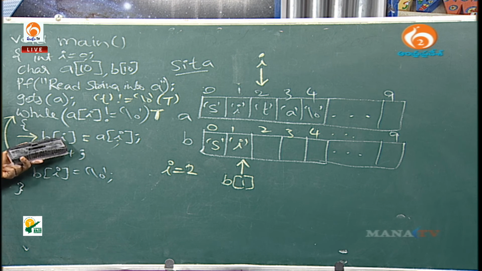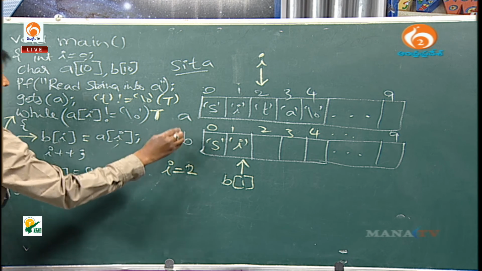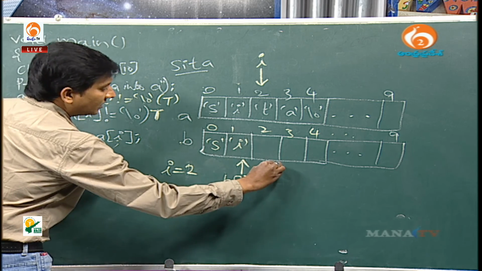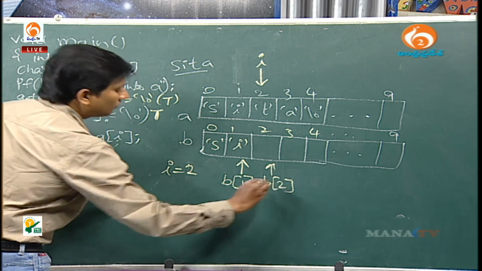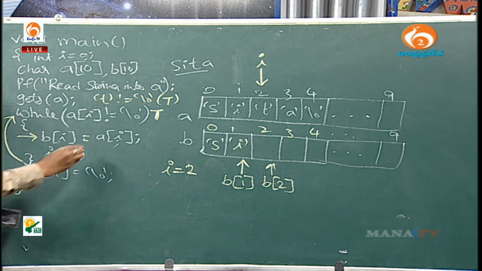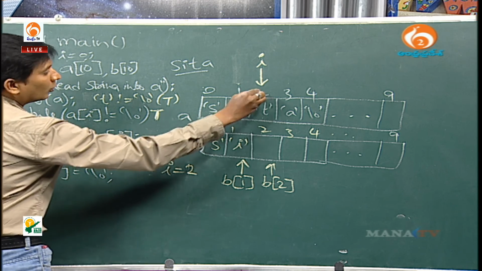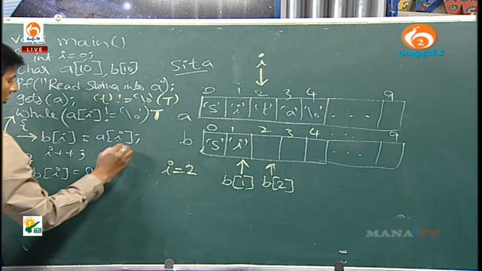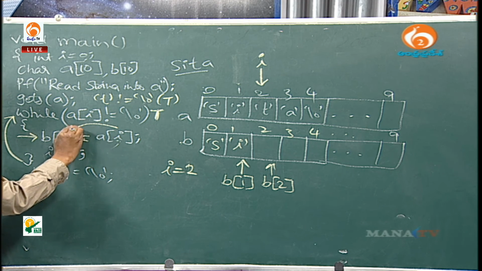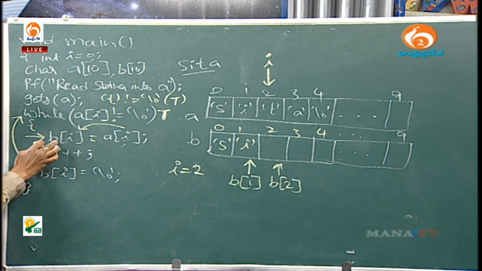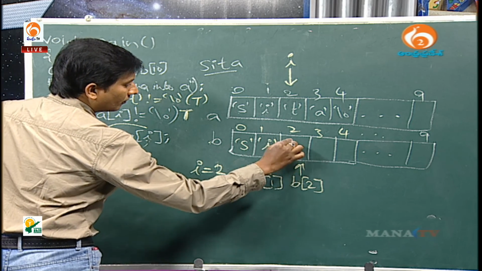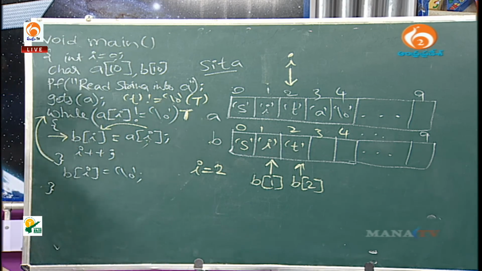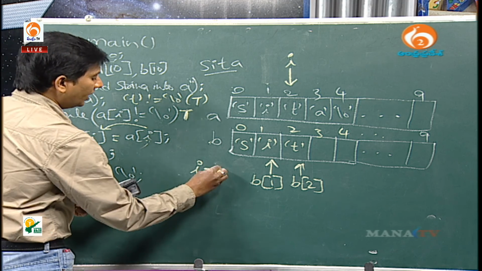B of I means B of 2, B of 2 equal to A of 2, that is T is copied into B of 2. I plus plus, I is incremented by 1, means 3.